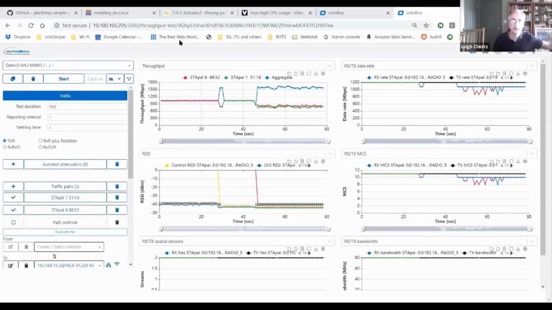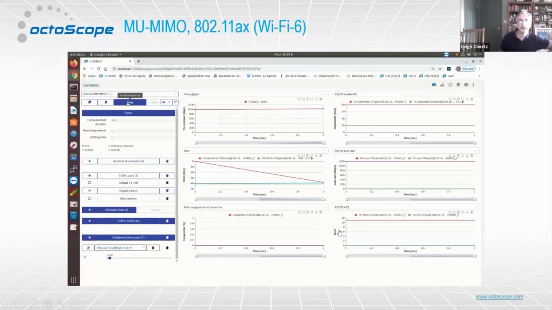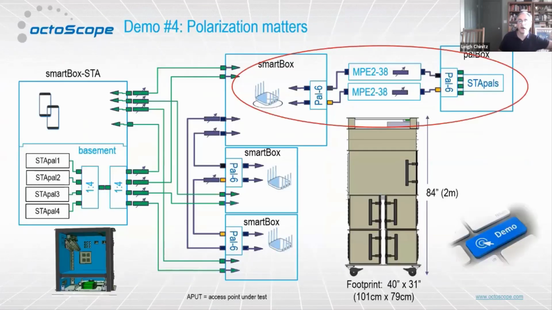I'm going to go very quickly, I know we have a couple of questions to get to. The last thing I want to show here, we're almost at the end, and then I'm going to take all your questions, is a little discussion about polarization.